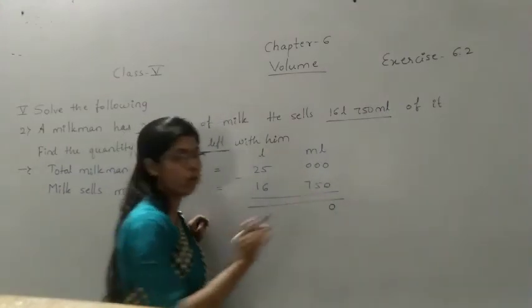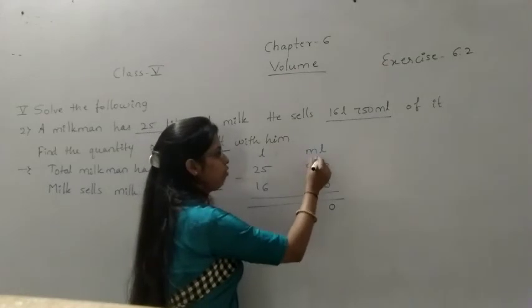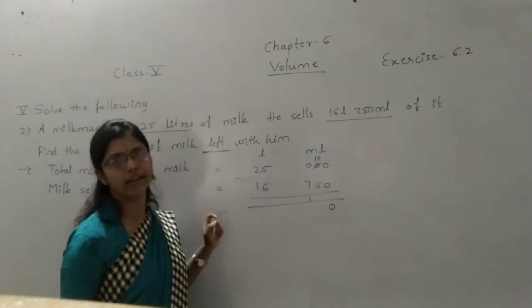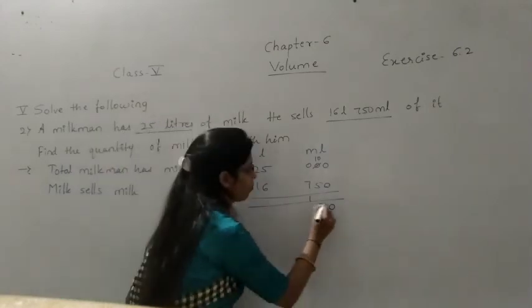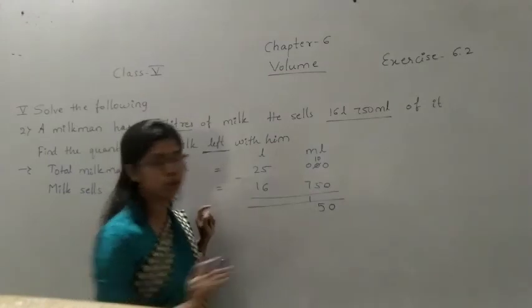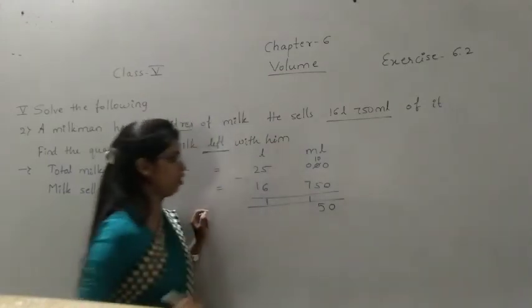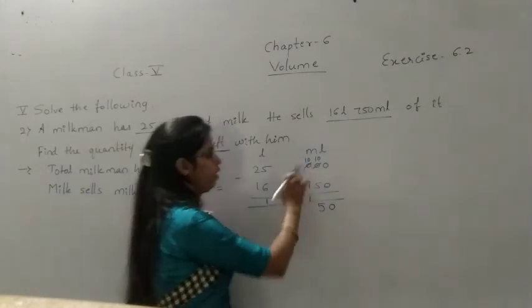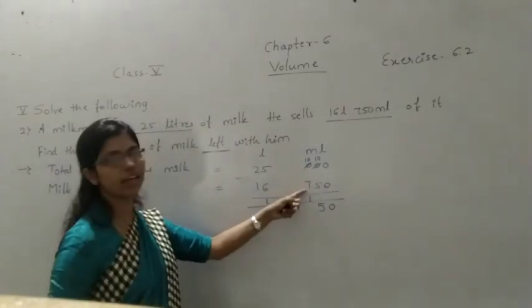Now 0 becomes 10. 10 minus 5 is 5. 0 minus 7 is also not possible. Again we should take 1 carry. 0 becomes 10. 10 minus 7 is 3. 3 minus carry 1, 2.